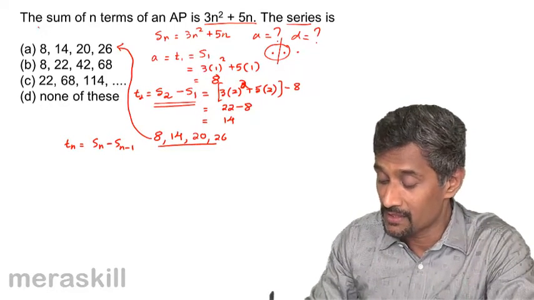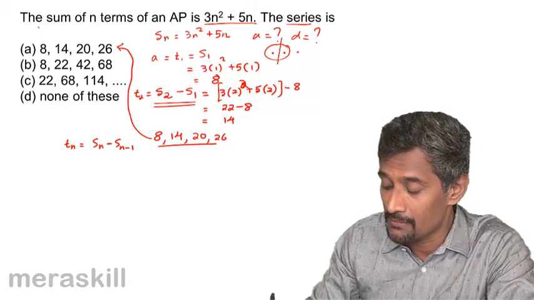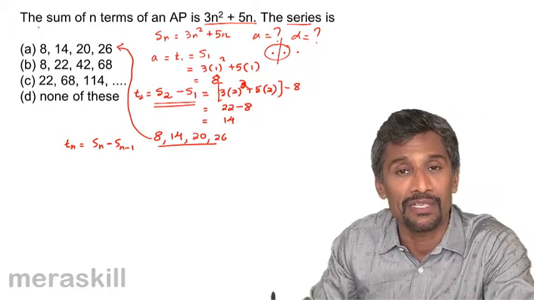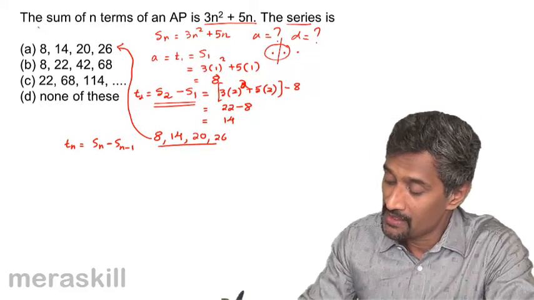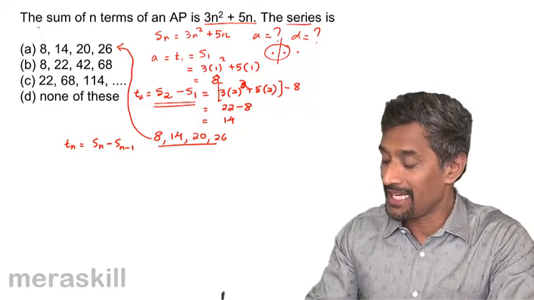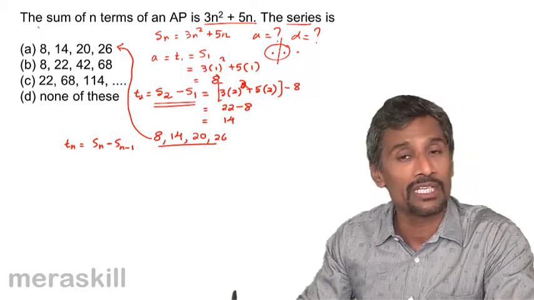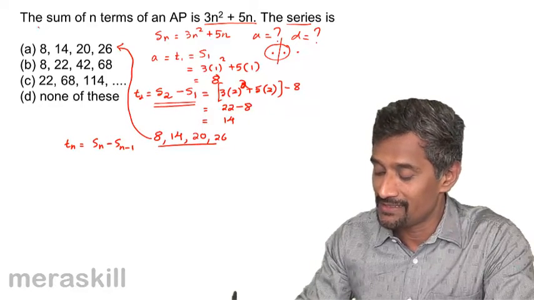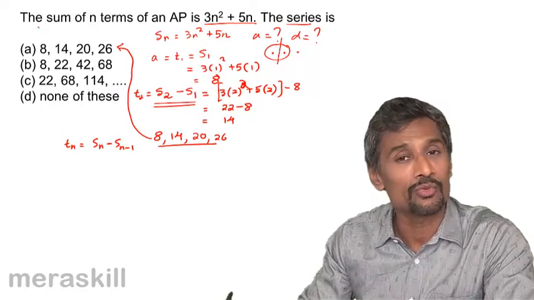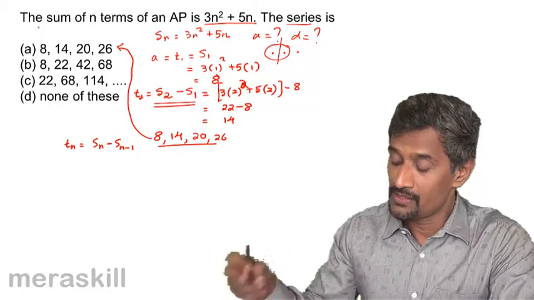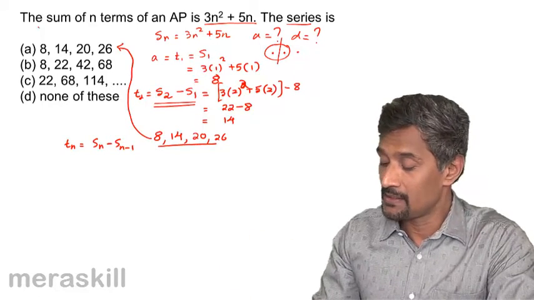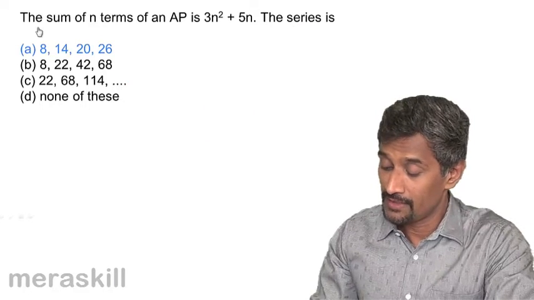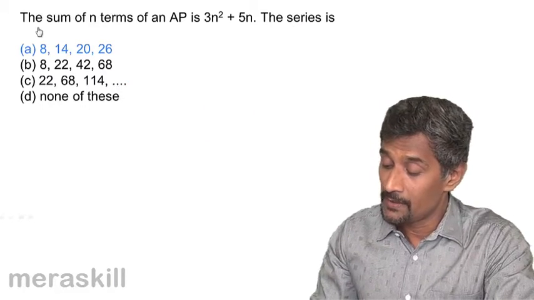That is, the nth term in terms of sum is nothing but the sum up till n terms minus the sum until the previous number of terms. And thus we have found out T2. So we have 8 and 14. Once you get 8 and 14, mentally you can calculate that the common difference is 14 minus 8, 6. So keep on adding 6 to each term. So this is going to be the right answer, and we can rest assured that that is the right choice we have made.